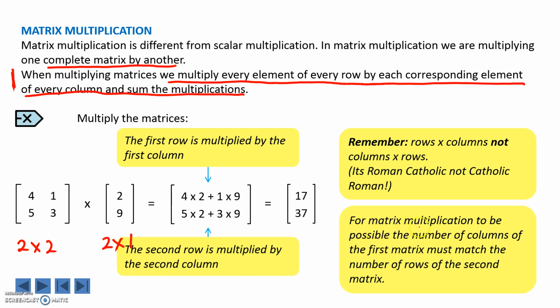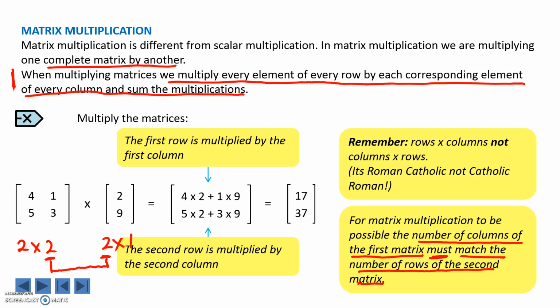For matrix multiplication to be possible, the number of columns of the first matrix, in our case 2, must match the number of rows of the second matrix. These two things must be equal, otherwise we won't be able to multiply them. So make sure that happens in the first instance.